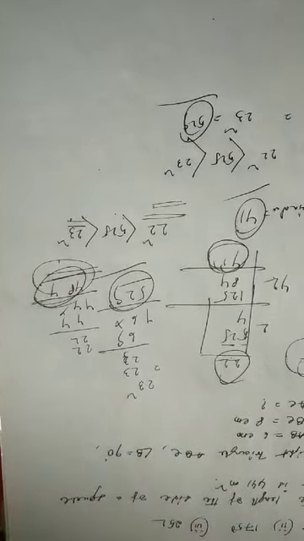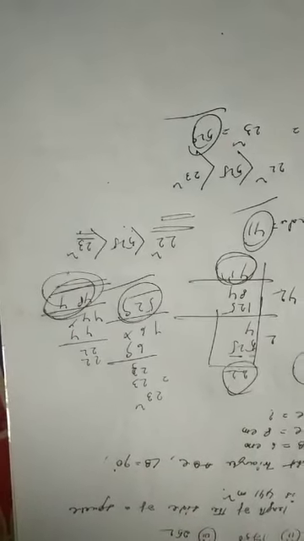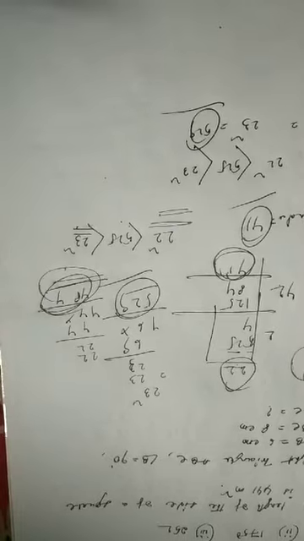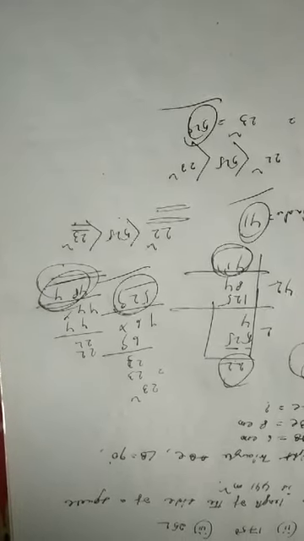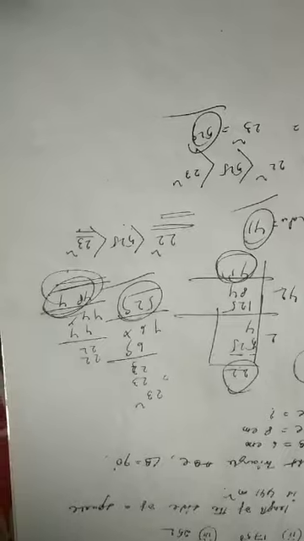So children, how much is to be added with 525 in order to get 529? That is 4.